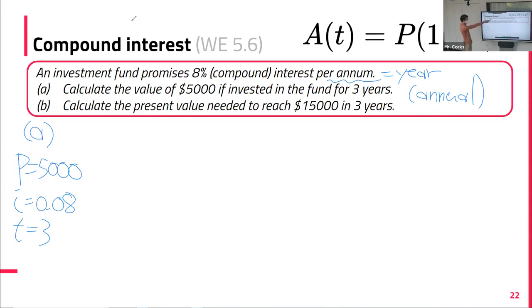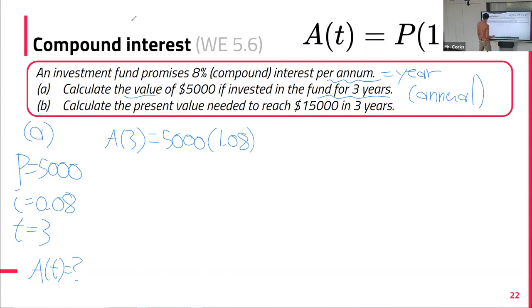If we look at the formula, we have 3 parts and we are being asked to figure out if we invest this for 3 years, what would the value be? That's very doable. We just put everything into our formula. So A3 here is 5,000 times 1.08 to the exponent 3.